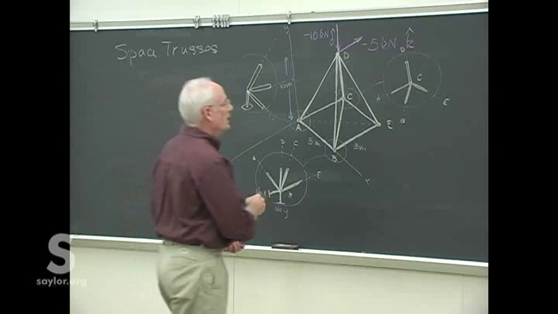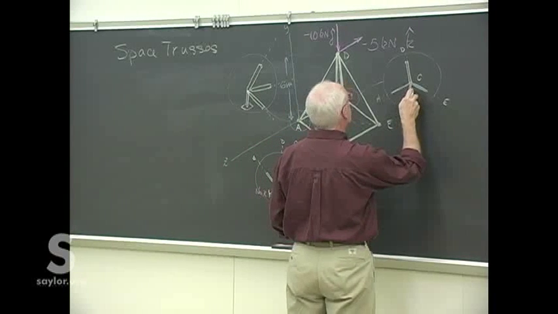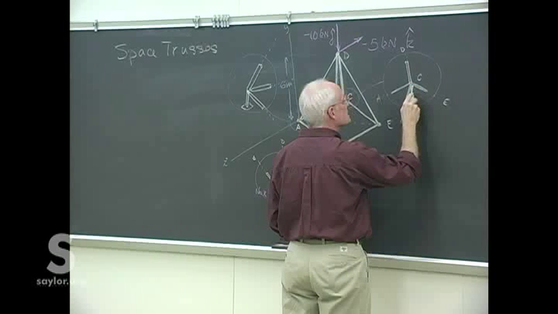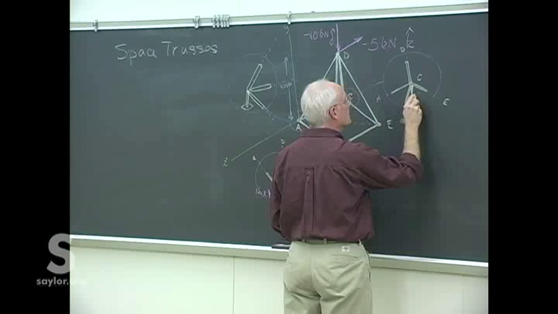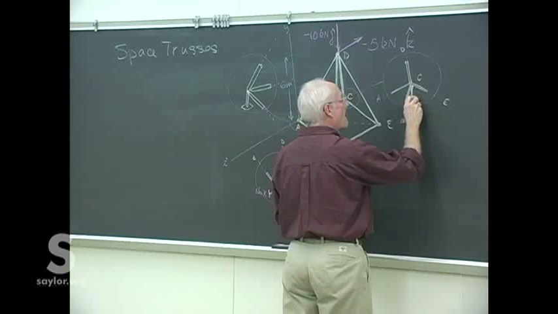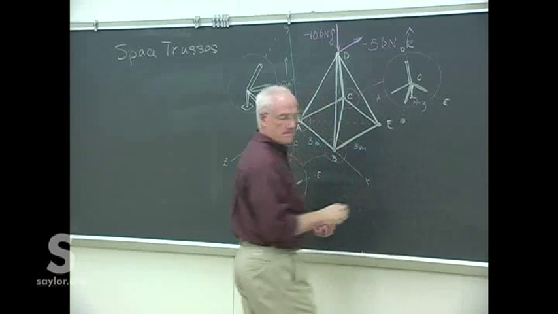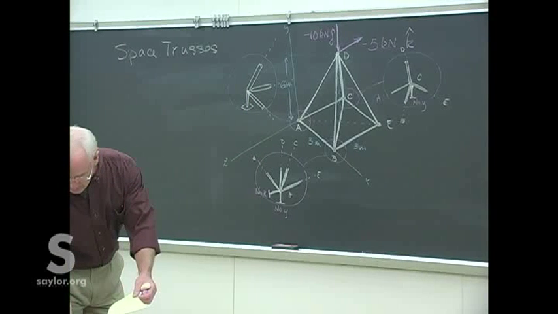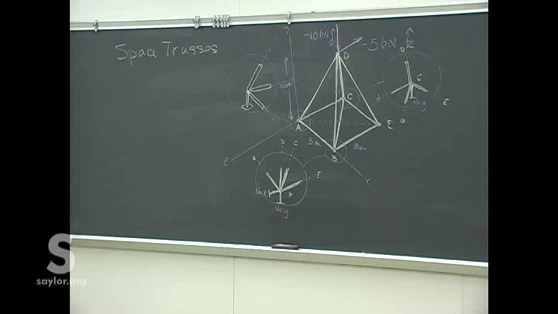And this one, we only need a little bit of support just to prevent it from going anywhere in the Y direction. And that'll be sufficient. Now the thing is fully supported. Yep, that's all we need on that one.